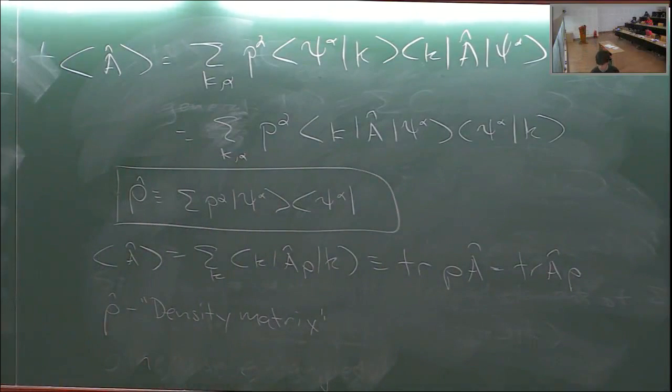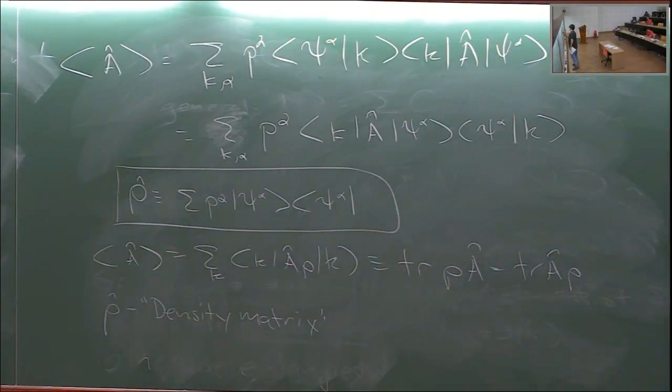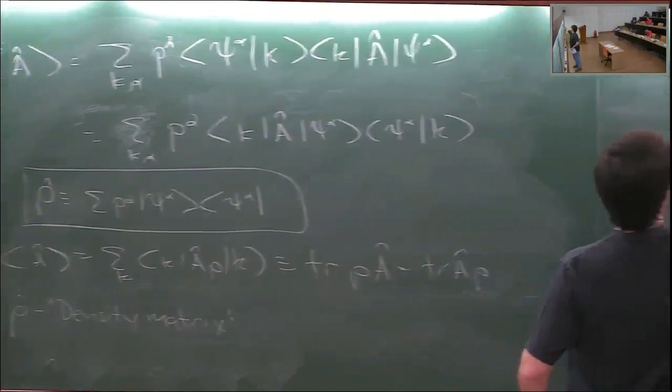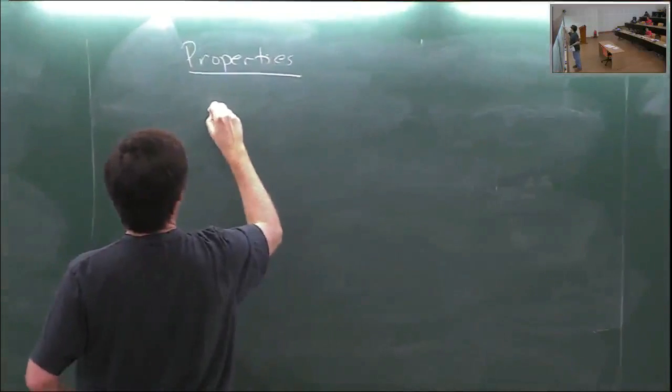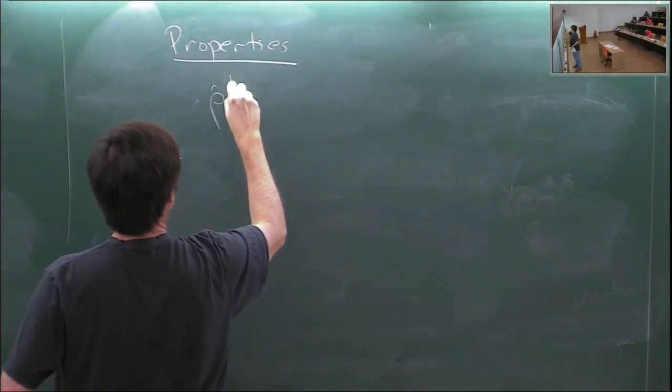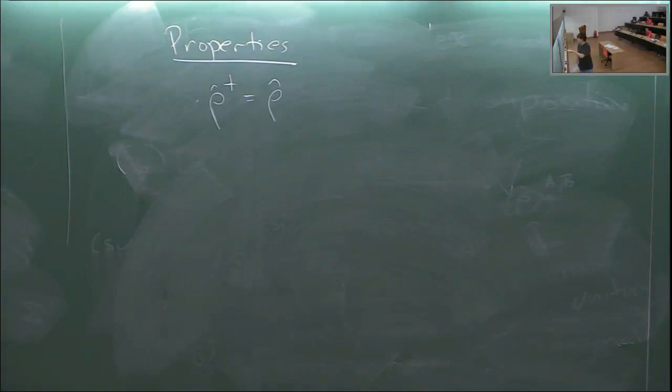So before going on, let me just say a few words about the properties of this density matrix. Well, first, it should be clear that if P was a probability, so therefore it's a real number between 0 and 1.